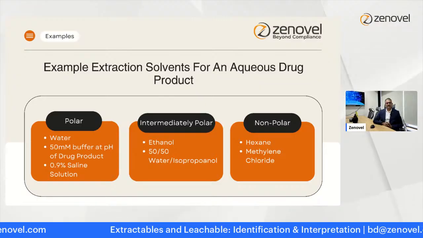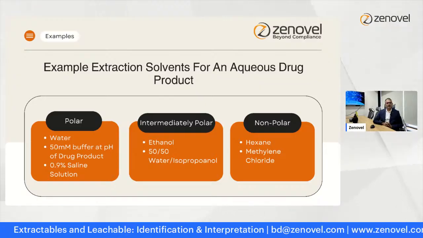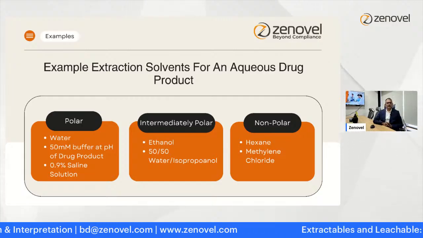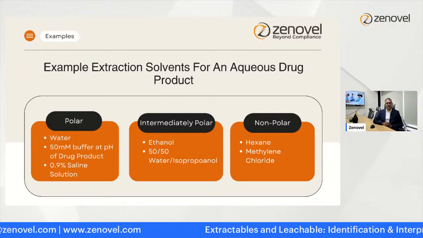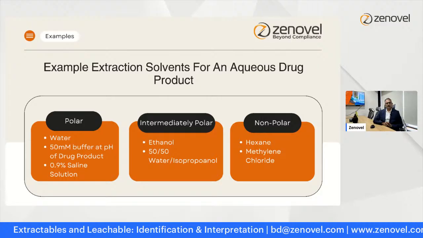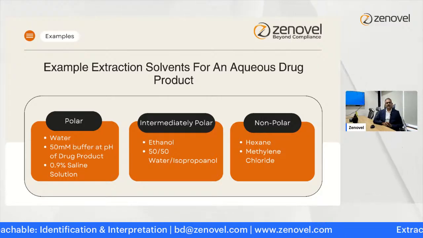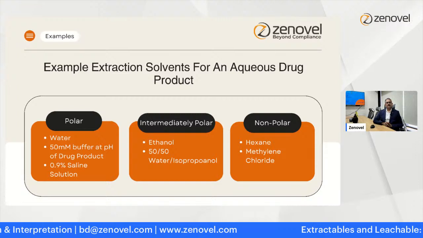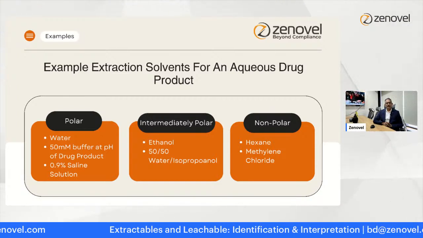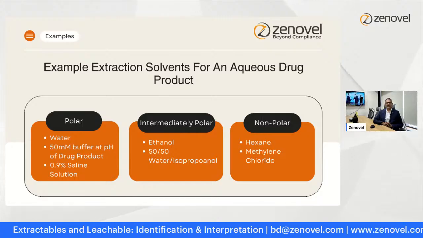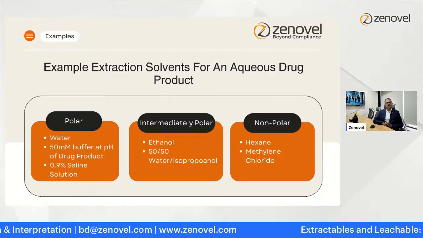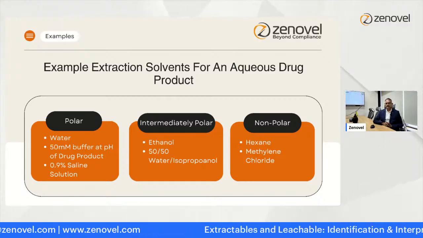Examples of extraction solvents for an aqueous drug product: on the polar side, water can be used, 50 millimolar buffer at the pH of the drug product, or 0.9% saline solution. For intermediately polar solvents, ethanol or a mixture of water and isopropanol in the same proportion. And for the non-polar side, hexane or methylene chloride is the best option for the extraction.